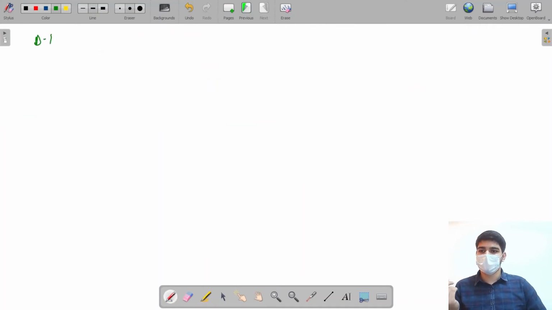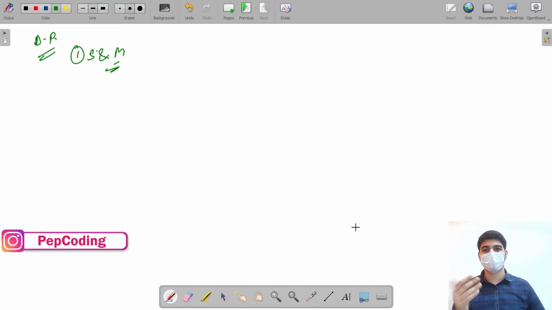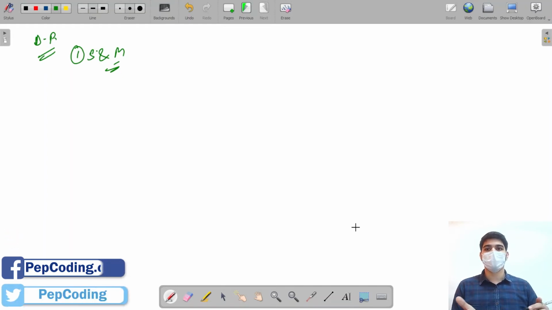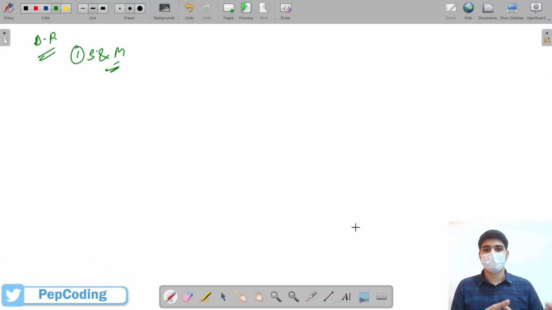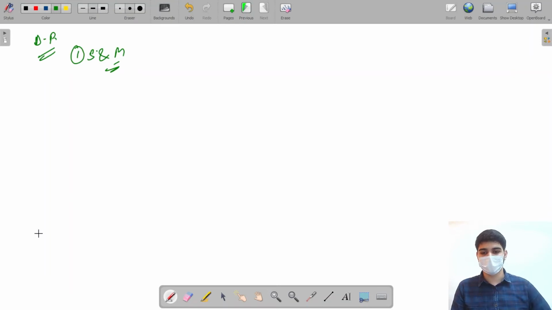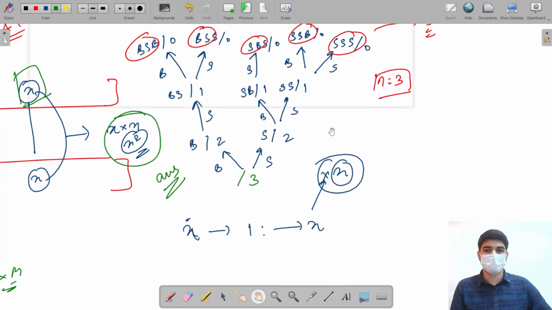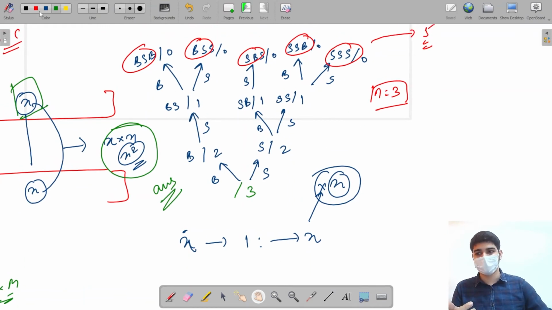If we talk about DP now, first thing, assigning the storage and meaning. Storage would be similar to the previous question. If you remember, in the previous question we had arrays of DP with 0 and 1 at first, and then we brought that down to 2 variables because we only needed the previous state. In this question also, with the same exact recursive tree forming, we only think about the previous state.